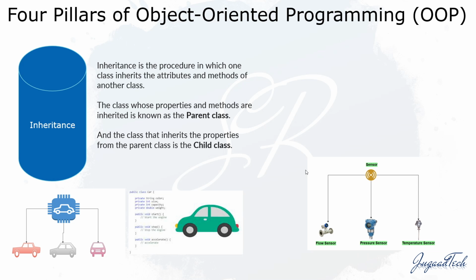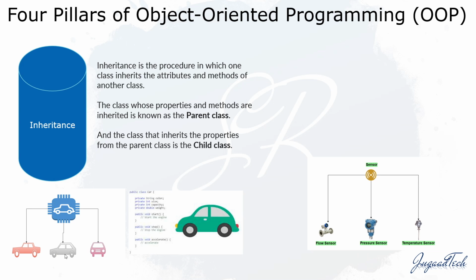Now a car has different functionality, and all cars have almost the same kind of functionality like acceleration, brake, gears, correct? But apart from that, they have their own properties also. So a few things get inherited from the main class, which is the car.